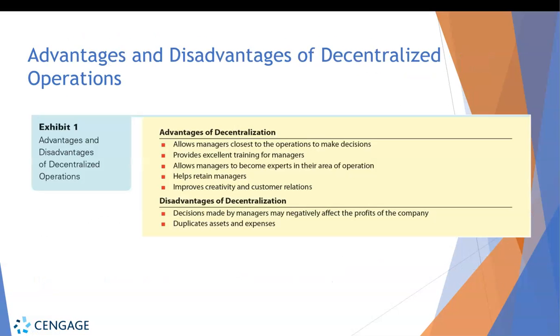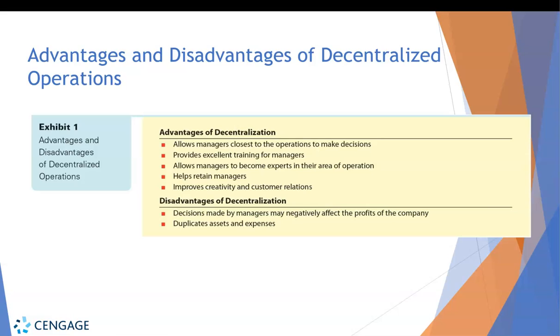So as you see here, this slide provides you with benefits and negatives regarding decentralization. Advantages allow managers that are close to the operations to be those that make the decisions. Good training. Since those managers are so involved and they feel as though they are making a difference, it helps with the success of managers and they stay.